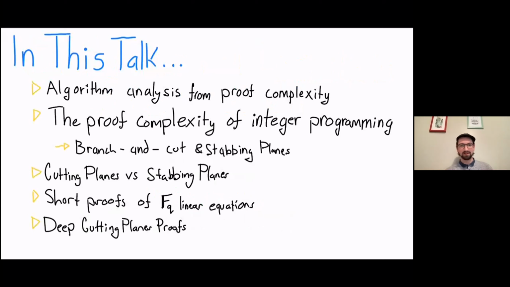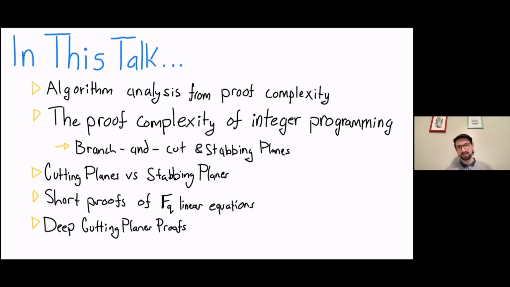And the outline of the talk is going to be as follows. We're going to talk about how we can use proof complexity in order to analyze practical algorithms. And then we're going to look at this in the context of integer programming. And we'll talk about cutting planes and also what is done in practice right now in integer programming, branch and cut, and how this relates to another proof system called stabbing planes.